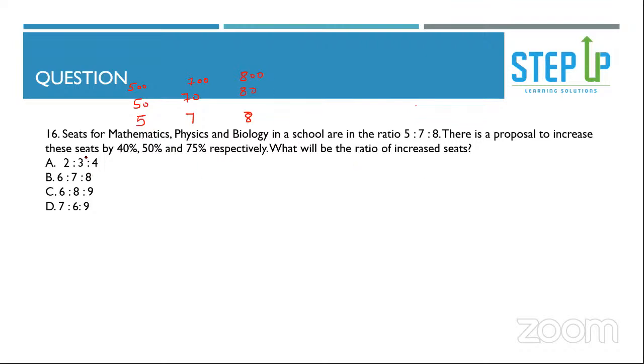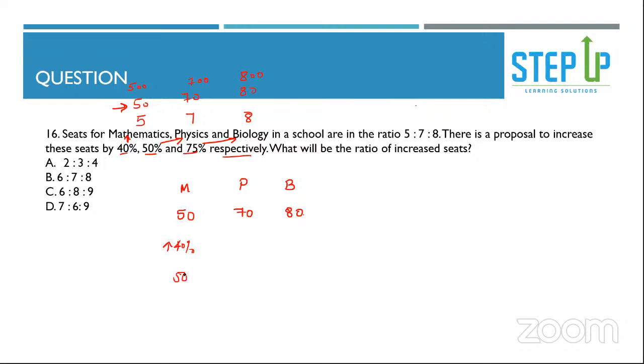There is a proposal to increase these seats by 40%, 50%, 75% respectively. So 40% for mathematics, 50% for physics, 75% for biology. Okay, so I'll assume that let's say the number of seats in maths, physics, and biology are 50, 70, and 80. Now 40% of 50, 10% is 5, 40% will be 20.